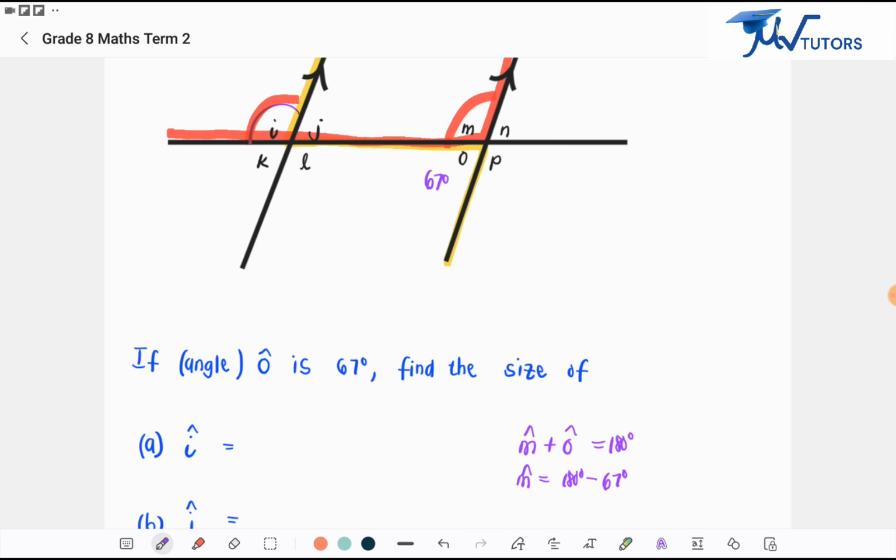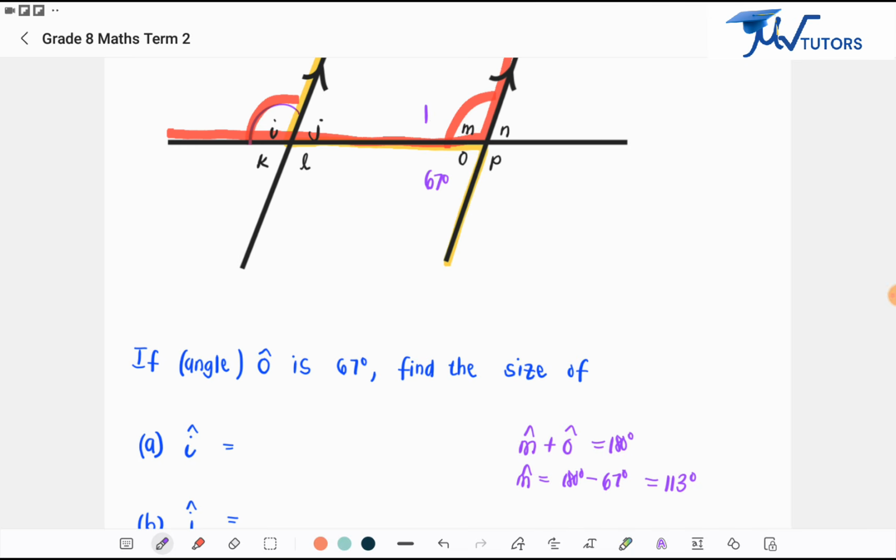Well, 180 minus 70 is 110, and 110 minus 7... it's going to be 3. So 180 minus 67 degrees will be equal to 113. So that is M, right?